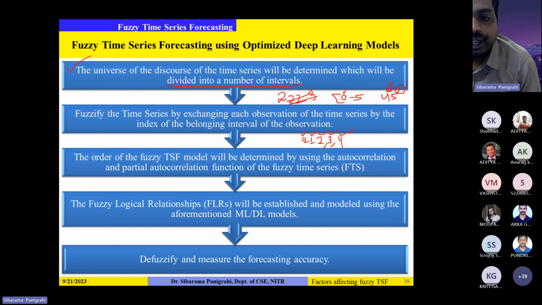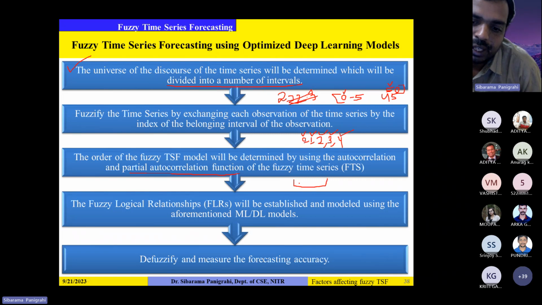Now we will determine the number of inputs by analyzing the autocorrelation and partial autocorrelation function of the fuzzy time series. Then we will establish the fuzzy logical relationship. Fuzzy logical relationship means, suppose the input is dependent on the past 3 values.